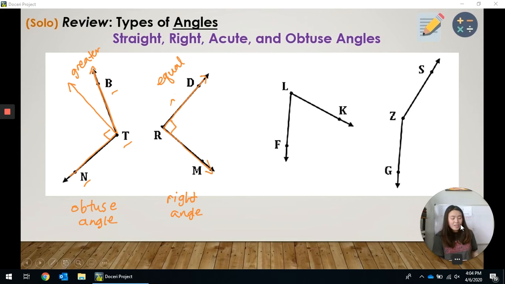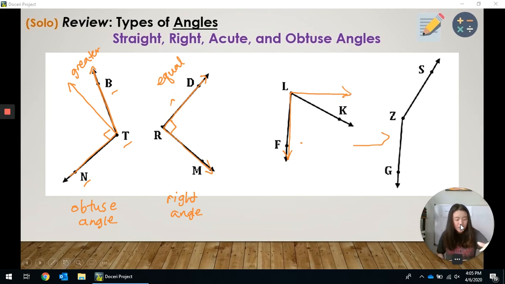Okay? Our next one, putting my right angle on top. Here is one of the lines, and then the other side of the right angle is over here. Oops, it's not working. Let me try that again.